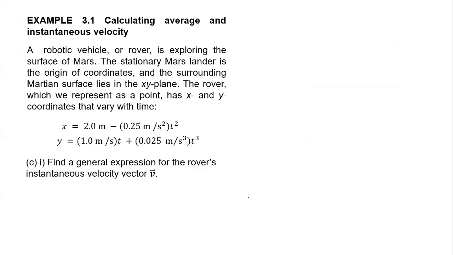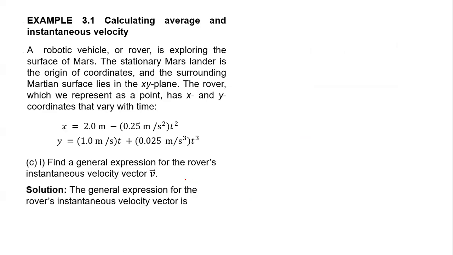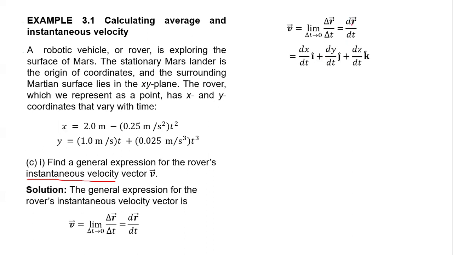For letter C, find the general expression for the vehicle's instantaneous velocity vector v. If you recall, the instantaneous velocity vector is just the derivative of the position with respect to time, dr over dt.